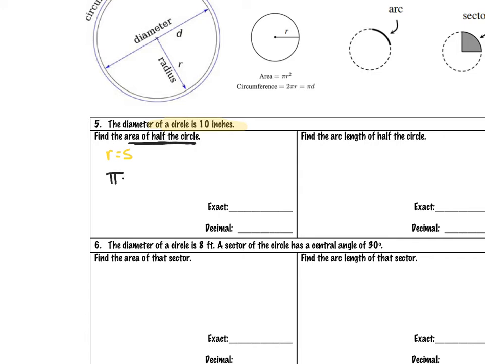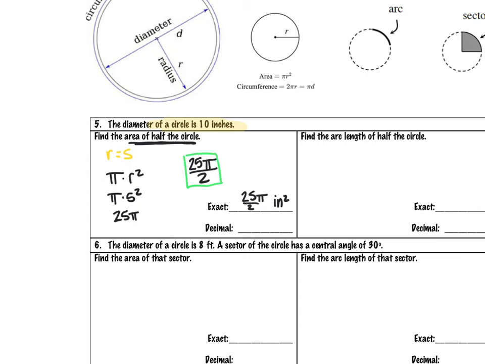So I'm going to find the area of the entire circle, or 25 pi, and I'm simply going to take that and cut that in half. Now 25 pi over 2 cannot be simplified. 25 and 2, it's an improper fraction, but there's no common factors or anything, so I could just leave that as 25 pi over 2.